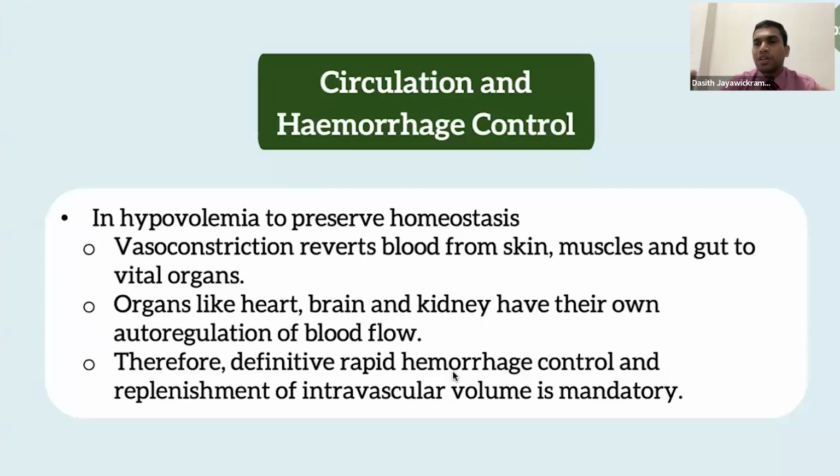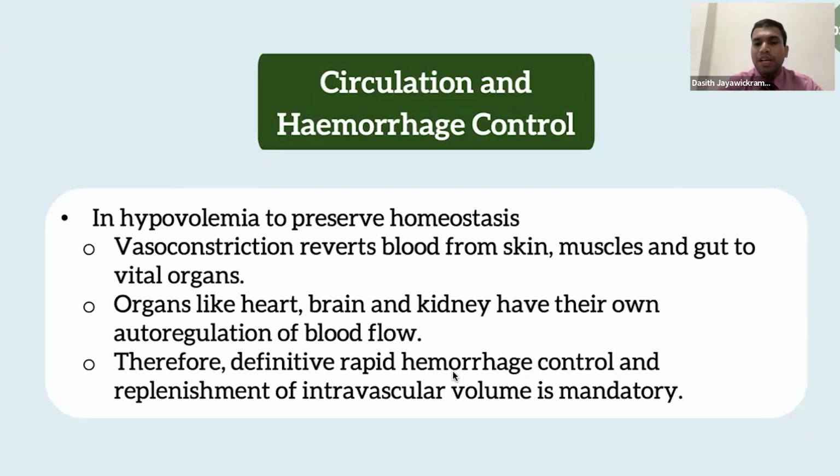The body identifies the organs important for life: the heart, the brain, and the kidney. These are the most important structures for continuity of life. So it diverts blood supply to these organs while shutting down the blood supply to other organs that the body thinks don't need blood. Those are the skin, muscles, and guts, the intestines. They divert blood from those to the heart, brain, and kidney.